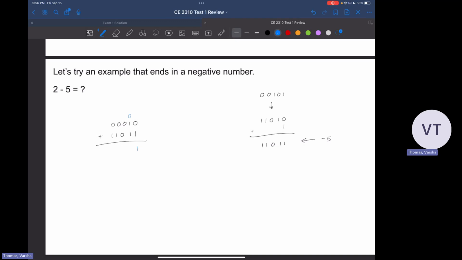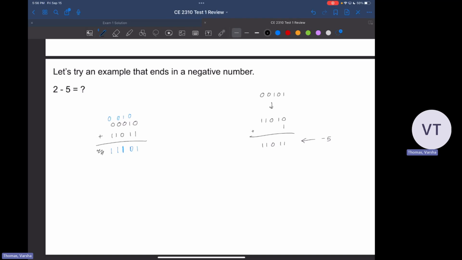We have 1, carry 0, 0, carry 1, 1, carry 0, 1, carry 0, and 1. That is what we are given. So there's no carry out bit in this case. And we started with 5 bits for everything. We end with 5 bits, so there's nothing to drop. A carry out bit is like an extra bit. You didn't start with that many bits. You got an extra one in the process.